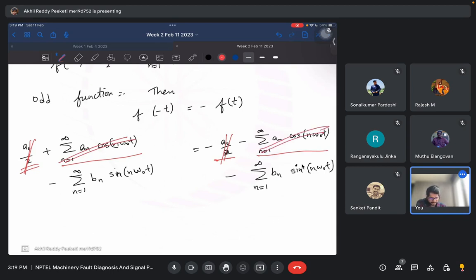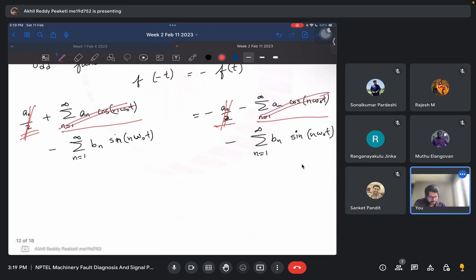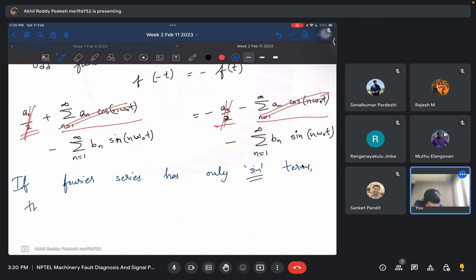If you have only sine, then it is the same on both sides. So if the Fourier series has only sine terms, then f of minus t is equal to minus f of t. That is, the odd function condition is satisfied. Is this clear?